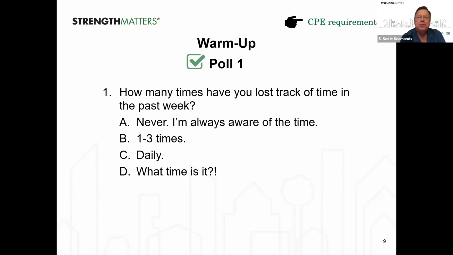How many times have you lost track of time in the past week? It's kind of split. So at least whichever category you fall into, you're not alone. All right. Let's move on.